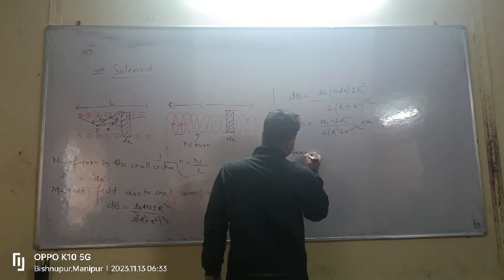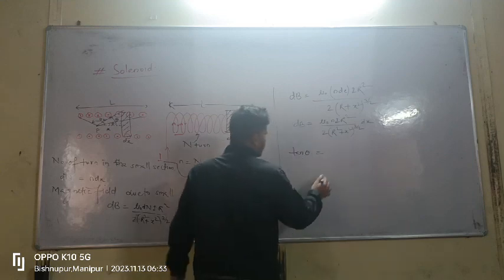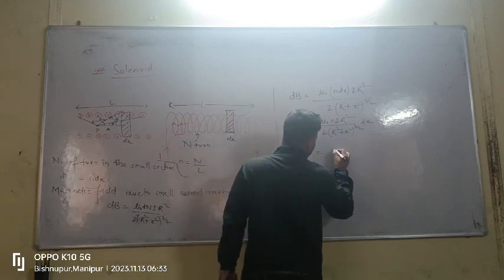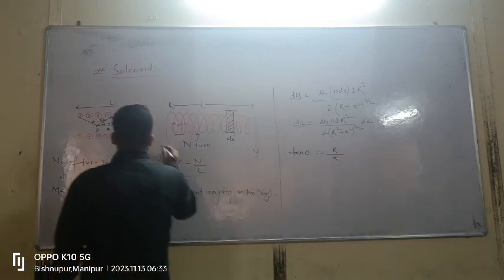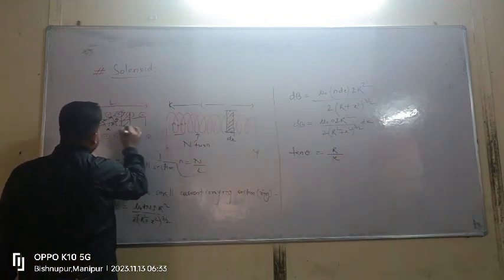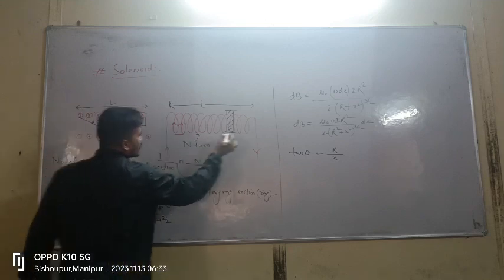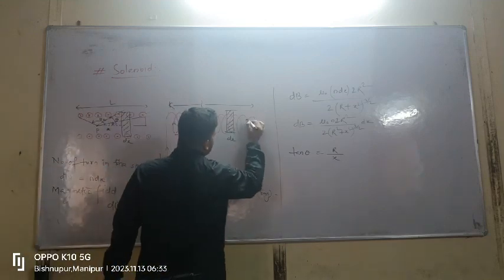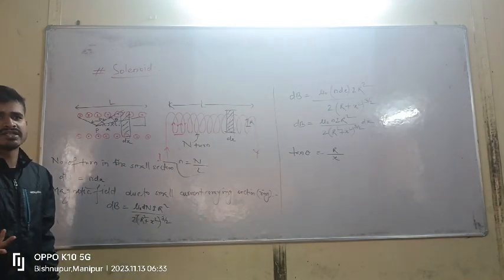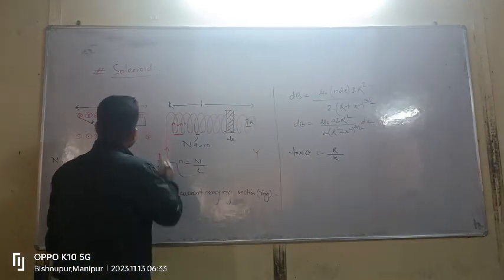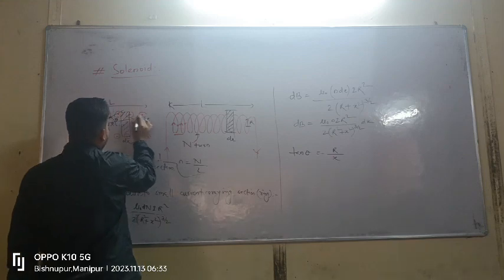Tan theta equal to what? Is it r by x? What is r? r is the radius of this ring. The radius of the solenoid is r. Yes or no?